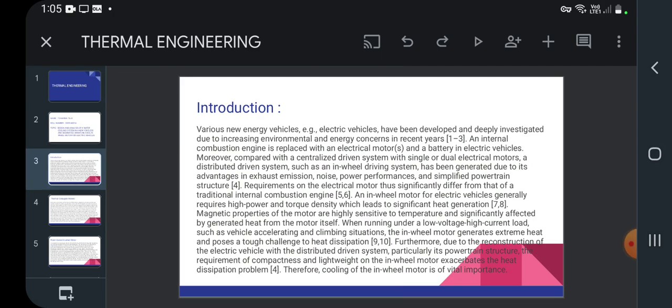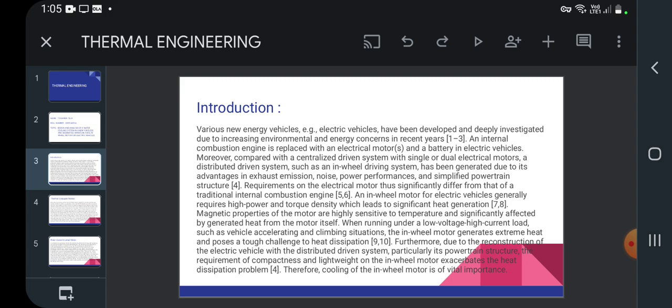Introduction. Various new energy vehicles, electric vehicles, have been developed and deeply investigated due to the increasing environmental and energy concerns in recent years. An internal combustion engine is replaced with an electric motor and batteries in electric vehicles.